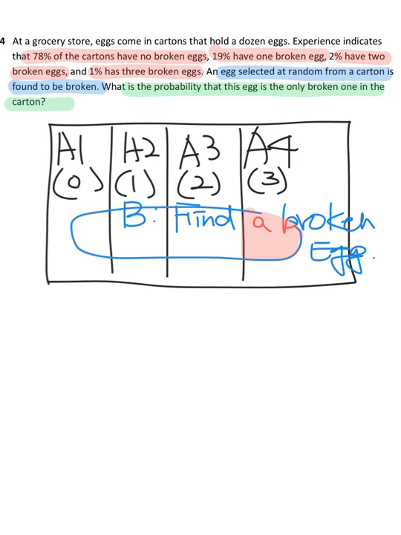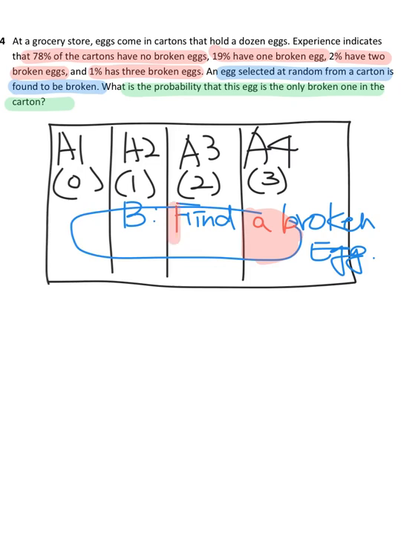Randomly we chose a box, and randomly we choose an egg from the box out of 12. So we found a broken egg from the box, but actually the box had 3 broken eggs. It's possible, isn't it?